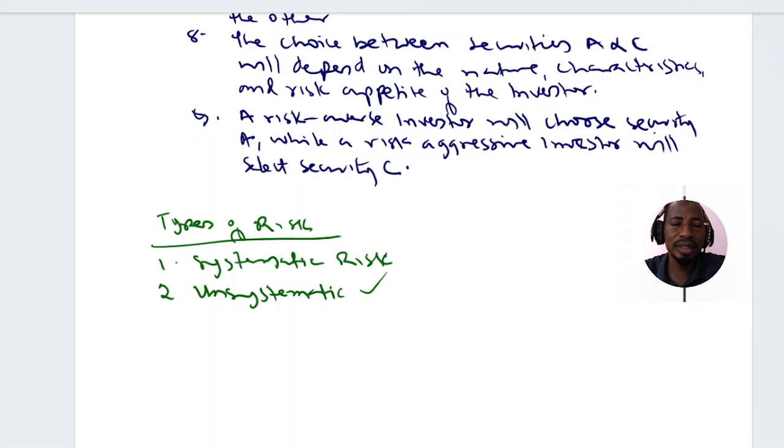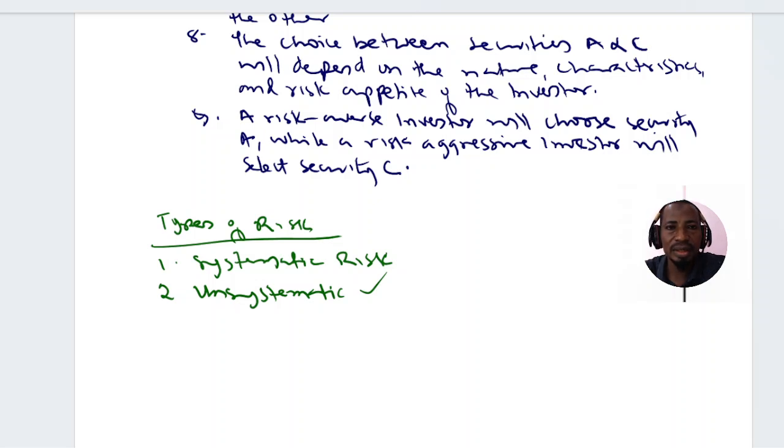The unsystematic risk is also known as specific, non-market imposed, diversifiable, and avoidable risk. It's a kind of risk that is peculiar to a particular company or industry.